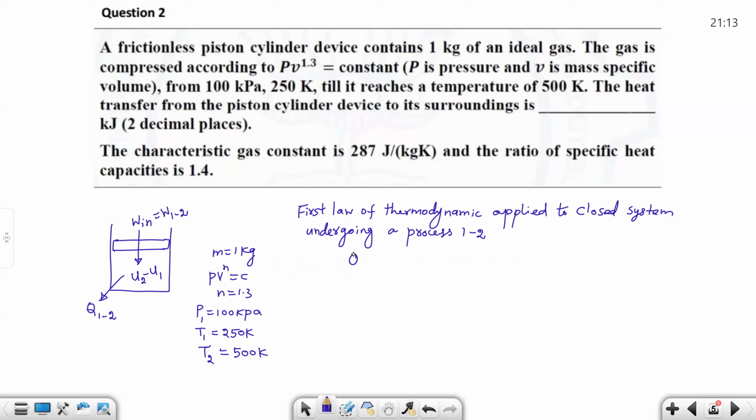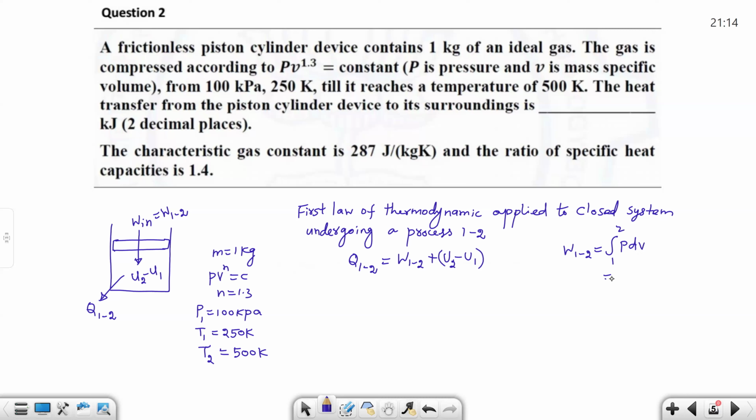So that is Q1 to 2 is equal to W1 to 2 plus internal energy change. So W1 to 2, because it is a polytropic process, is the integral PdV work. So that can be got separately, W1 to 2, integral PdV.